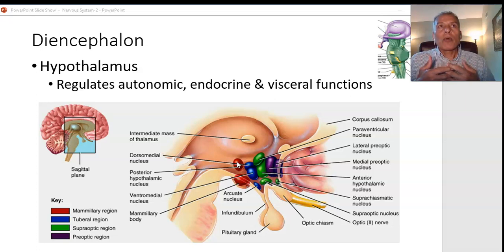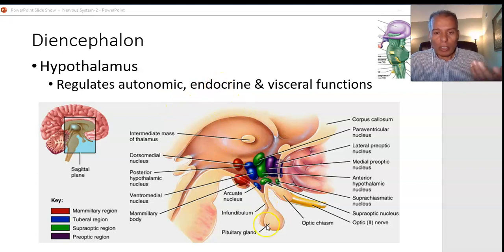And endocrine functions like milk: when the mother gives birth, she produces milk because of the hypothalamus. When the mother hears the baby crying, immediately the hypothalamus releases milk. So that is autonomic. It also controls endocrine functions.